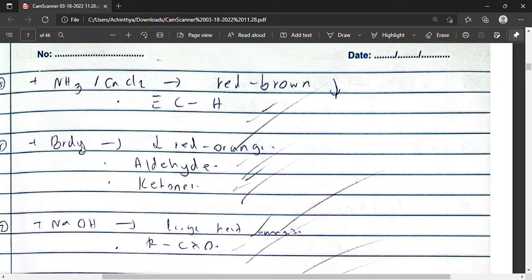Now, if we were to add Brady's reagent, 2,4-dinitrophenylhydrazine, and we observe the formation of a red-orange precipitate, that is your indication that a carbonyl compound is present, and those carbonyl compounds could either be an aldehyde or a ketone.